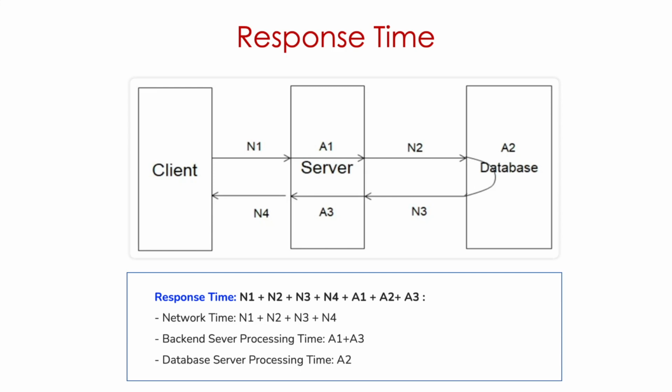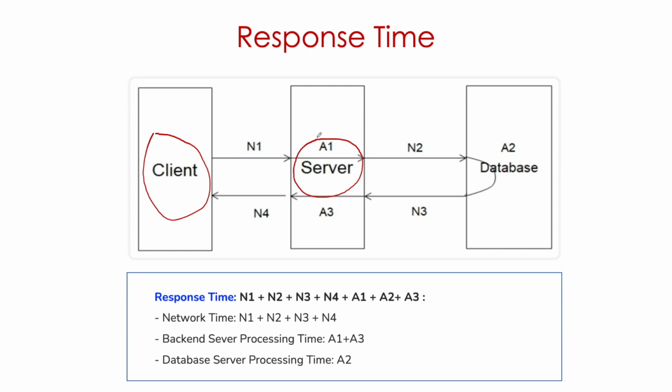Okay, regarding the response time, I want to give you a little bit of insight about how it works. As you can see, we have a client. This is where we send the request, and this is a server. Generally, the server includes the application server and the web server.